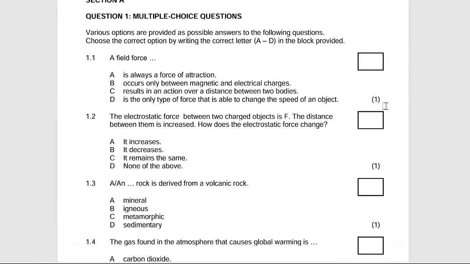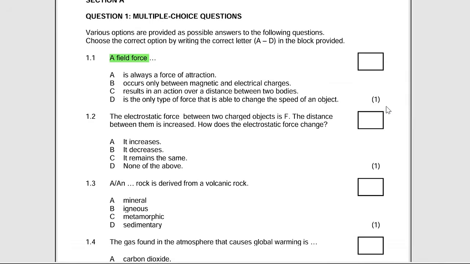So the first question reads here, a field force is, right? So we're provided with different options here. The first one says is always a force of attraction, right? Let's put a tick on that one. Then the second one says occurs only between magnetic and electrical charges.